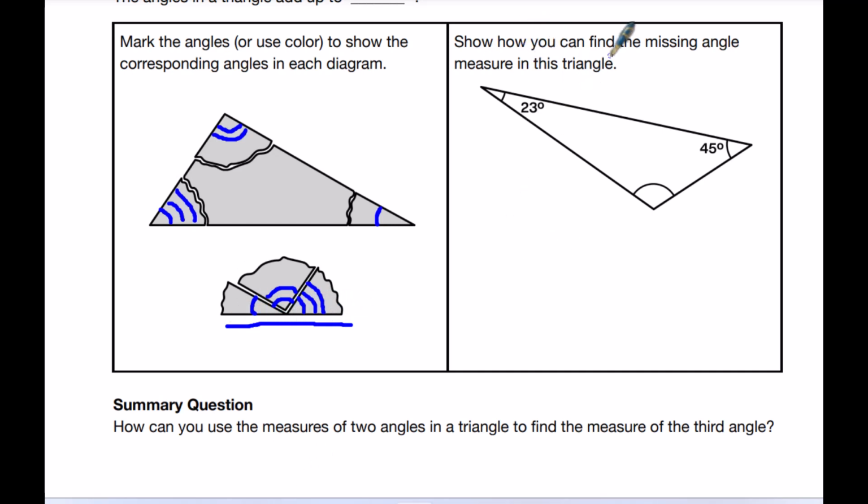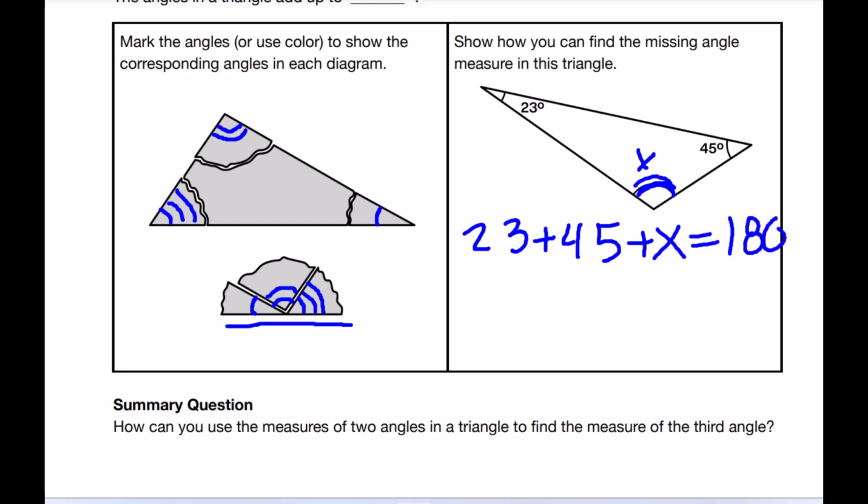And the way we can find the missing angle measure in this triangle, well, I know that all three of them should add up to 180 degrees. Now, I don't know what the measure of this one is. I'm just going to call it X for right now. But I know that if I add 23 and 45, the third thing that I add has to get it up to 180 degrees.